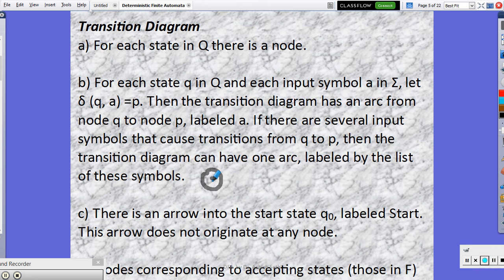So we'll give the name as Q. This is the state, and when we apply any input A to this state, we are reaching the other state, that is P. So this is what is called a transition diagram, and this is actually the representation of the transition delta of Q comma A equals P.